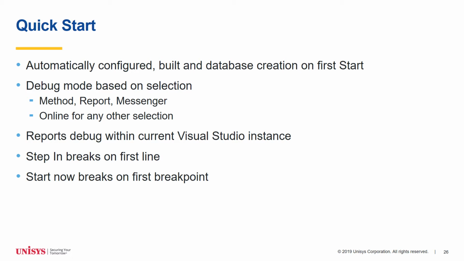If it's a public method of the segment, if it's a report or messenger, then select the object in class view and press start. For all other selections, the online will be started. Another great piece of news is that reports, when executed, will run in the current Visual Studio instance, making that debugger experience a lot faster.